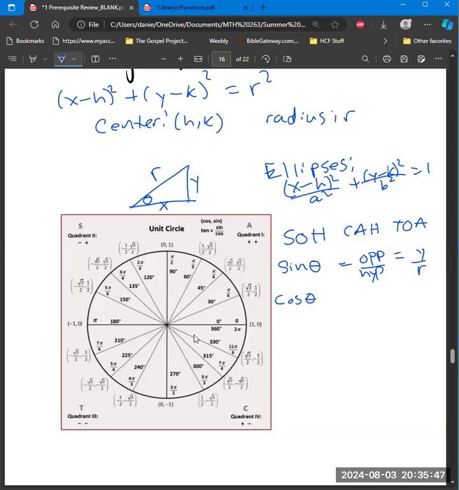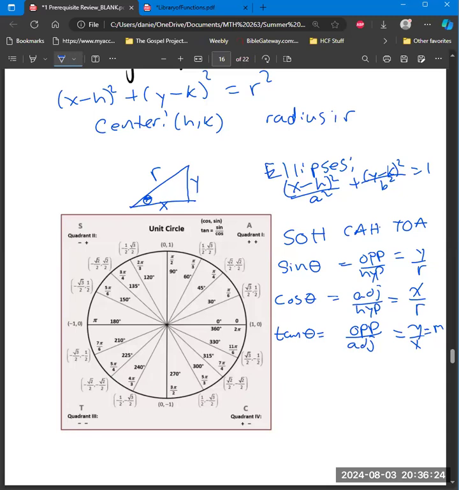Our cosine of theta is going to be adjacent over hypotenuse, which in standard position is x over r, and our tan theta is going to be opposite over adjacent. In standard position, that's y over x, which looks strangely like our slope, right? So the tangent of our angle is related to our slope here in trigonometry.